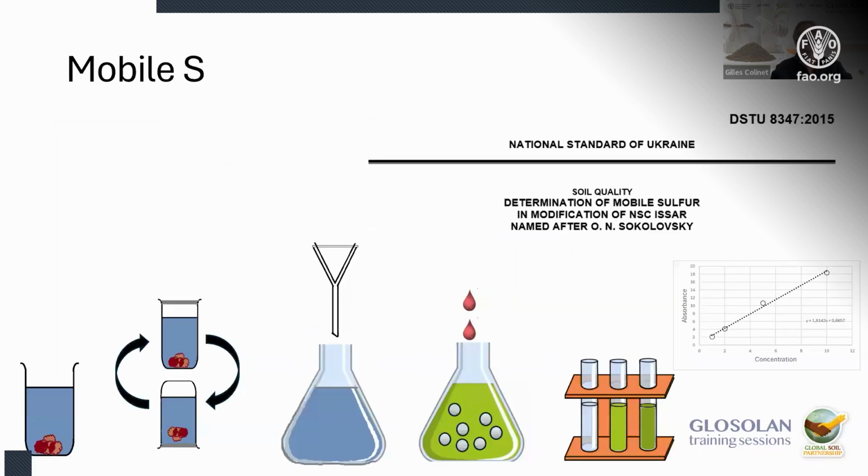Mobile sulfur is similar to nitrogen in principle. Colorimetry could be used again, but in the standards of Ukraine, when you have sulfate in solution, you add elements in order to precipitate the sulfate, and that's something that we did not do.